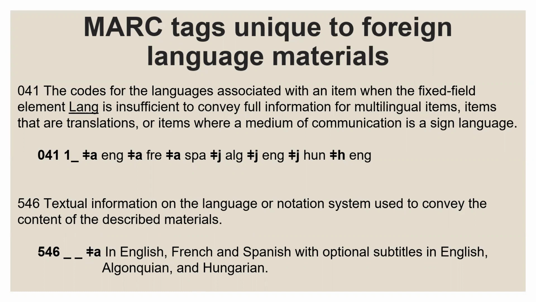As you'll notice, we have 3 subfield A's, 3 subfield J's, and 1 subfield H. Subfield J is for the language of the subtitles, and subfield H is for the original language of the primary content of the item. And then in the 546, that information is in basically sentence form.